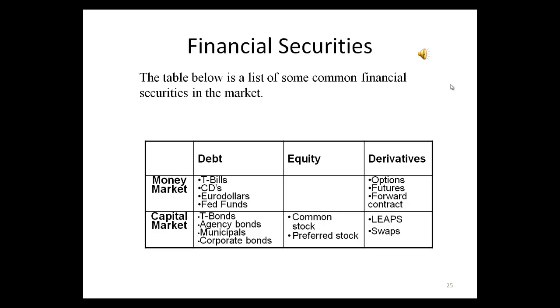So then we have a combination of T-bills, CDs, Eurodollars, Fed funds, T-bonds, agency bonds, municipals, corporate bonds. Those usually are long-term debt securities. And we have common stocks, preferred stocks. We have different kinds of derivatives, including futures, forwards, options, and we also have LEAPS, which is the long-term equity anticipation securities, and we also have the swaps.